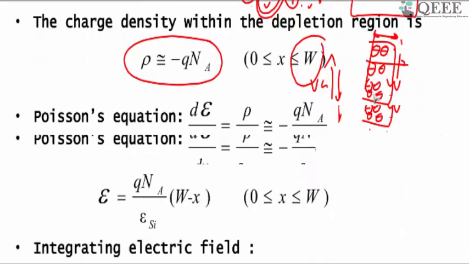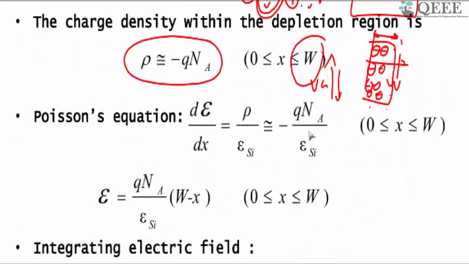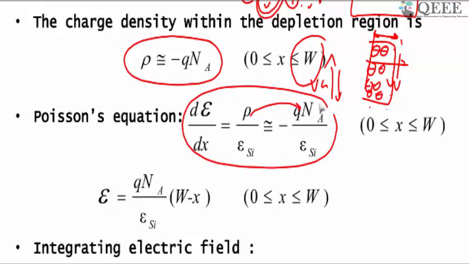If you try to solve the Poisson equation in the depletion region, it is very simple, because the right hand side is a constant. You don't need to worry about electrons and holes, which would bring in all this exponential dependence. That is why we are taking the depletion approximation, neglecting the contribution from electrons and holes.